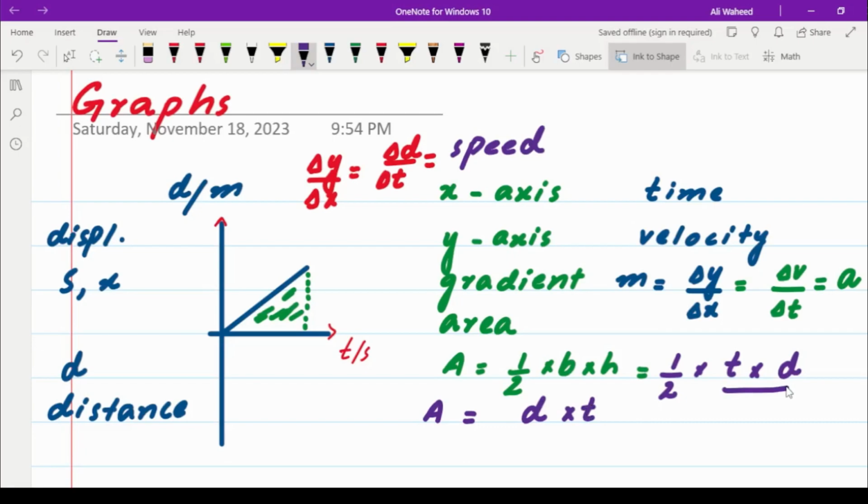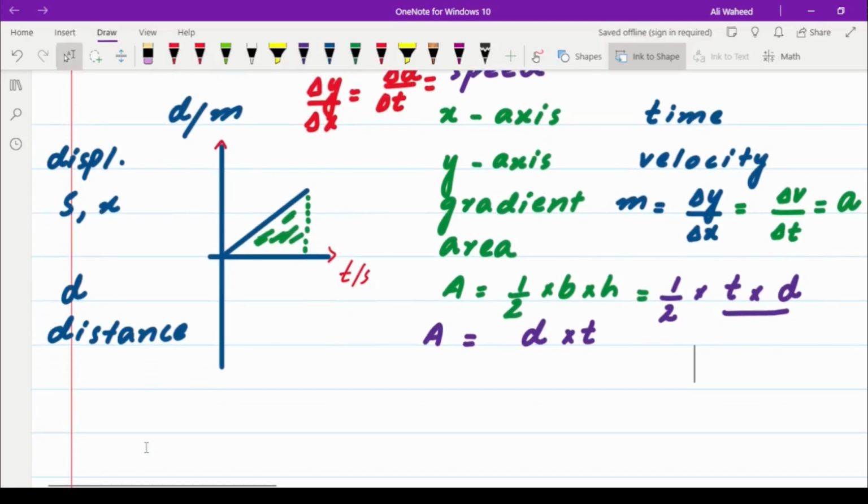Now, do you remember any quantity for which the formula is distance into time? I'm sure that you won't remember any quantity in which distance and time are being multiplied. Let's try to guess the quantity from the units. So what is the unit for distance?